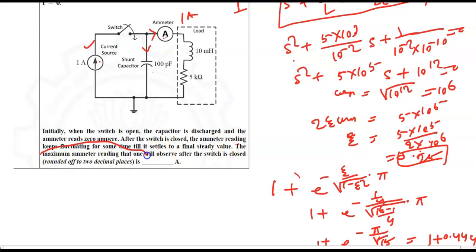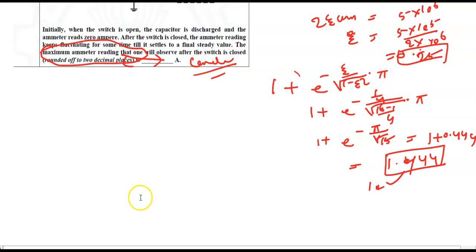If you slip this point, that the maximum ammeter reading is connected to the underdamped system, then obviously the second process is to go through the conversion after the switch is closed, where all the initial values are zero and the circuit simply becomes like this.